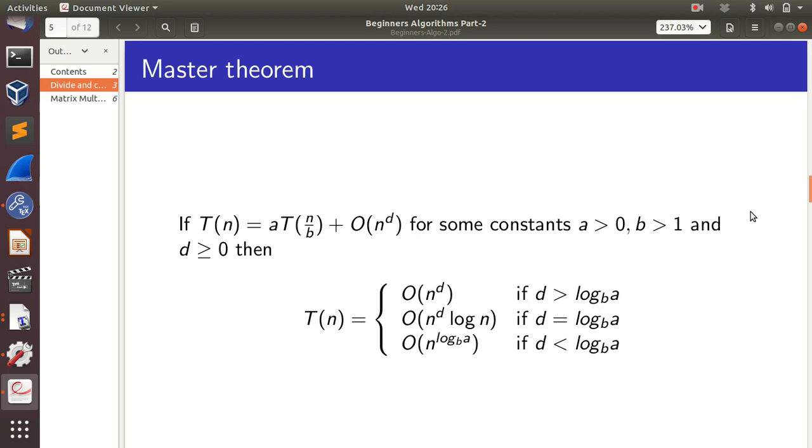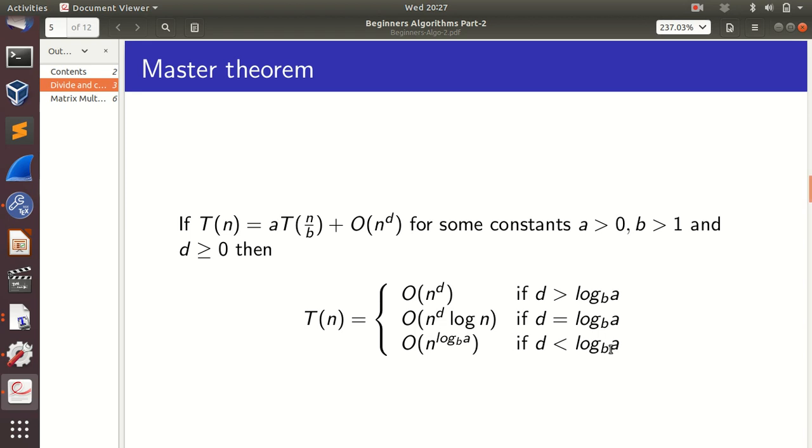So this is a very famous theorem called the Master theorem, which is used to solve this type of recurrence relation. If you have a greater than 0, b greater than 1 and d greater than or equal to 0, then for this type of recurrence relation we have this particular solution. If d is greater than log a to base b, then T(n) is order n to the power d. If d is exactly equal to log a to the base b, then the time is order n to the power d log n.